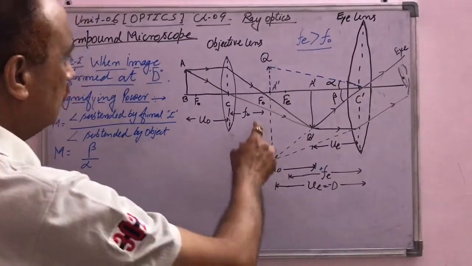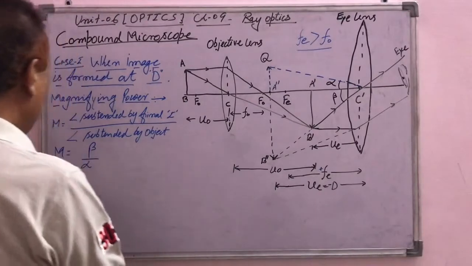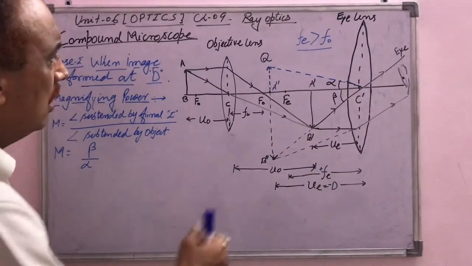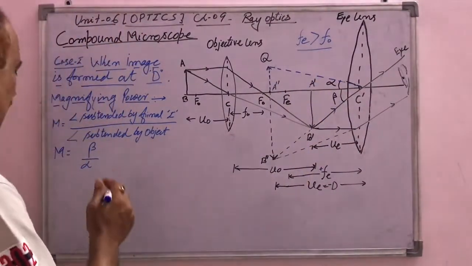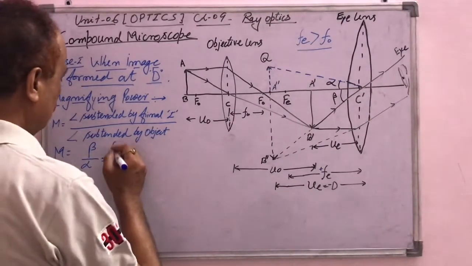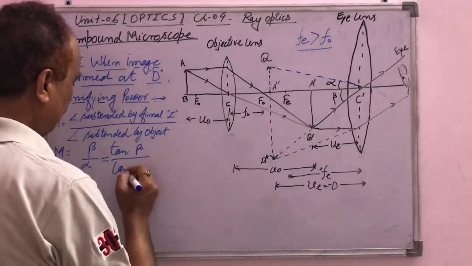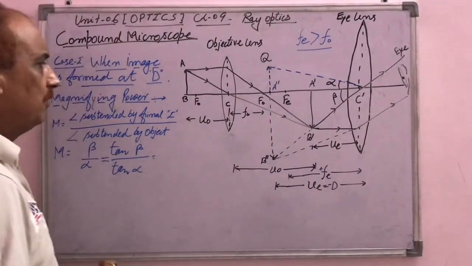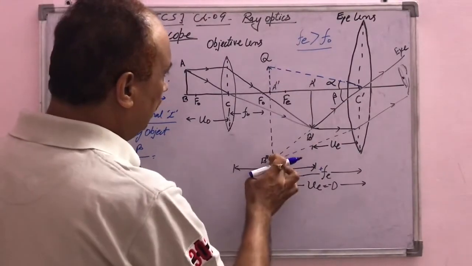Now according to the definition, magnifying power M equals beta upon alpha. Since beta and alpha angles are very small, they can be replaced by their tangents. So we have tan beta upon tan alpha. Now we have to find out the value of tan beta in the triangle A double dash B double dash C dash.